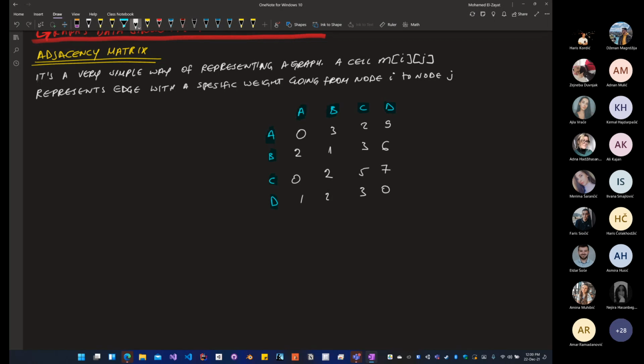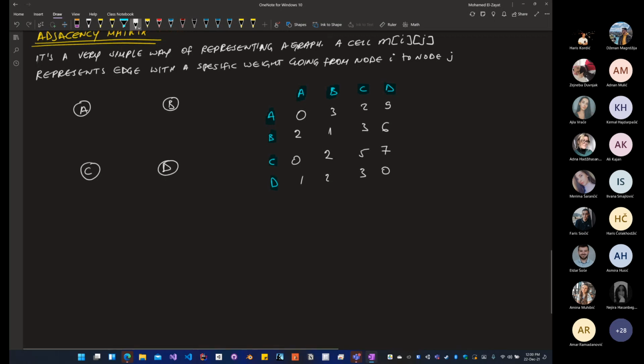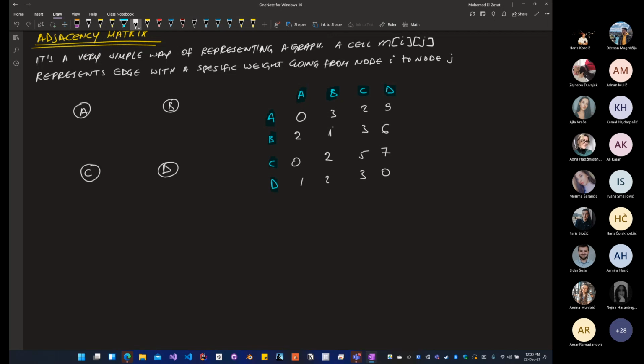Okay, so you end up with a graph which is A, B, C, and D. In order not to waste too much time, B is connected to B with 1, so it's something like this.